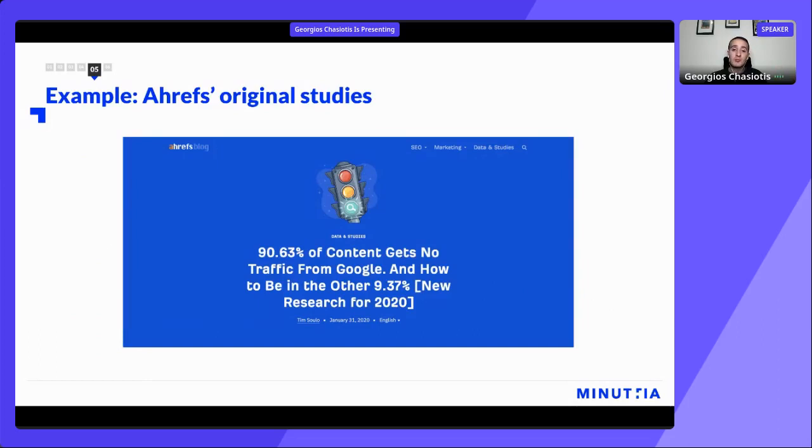And obviously, doing something like that will allow your business to acquire backlinks at scale and also draw attention at scale, okay? Because with something like that, most people will pay attention to you if they didn't pay attention already.